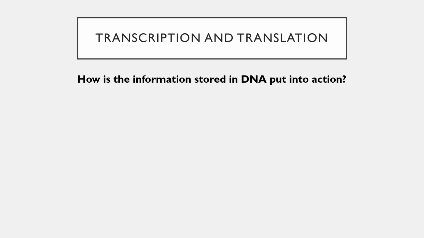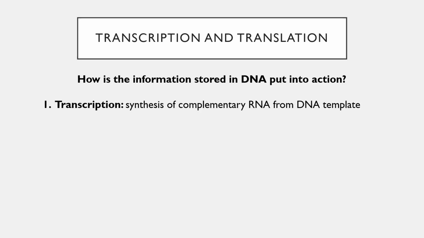And so if DNA is the one and only library of information inside the cell, then it makes sense that the cell does everything it can to protect that one master copy and just pull the information from that one master copy. And so the first step in putting the information found in DNA into action is the process of transcription, which is making a copy of the information that is found in a piece of the DNA template.